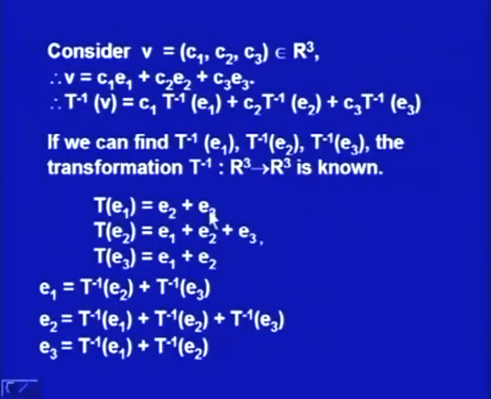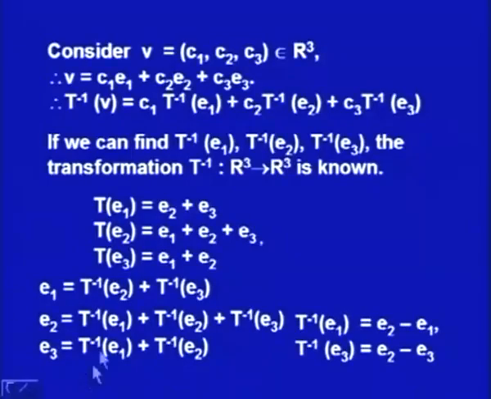So, I have applied T inverse here and using the property that T inverse is a linear transformation, I can write down E1 is equal to T inverse E2 plus T inverse E3. From this second expression, I am writing E2 is equal to T inverse E1 plus T inverse E2 plus T inverse E3, and from the third, E3 is equal to T inverse E1 plus T inverse E2. So now we can solve these three equations.